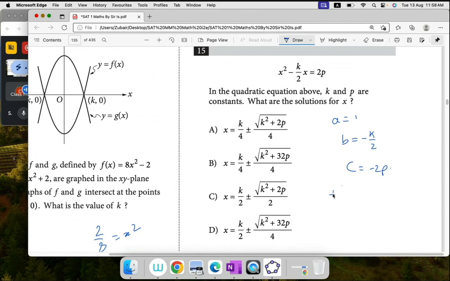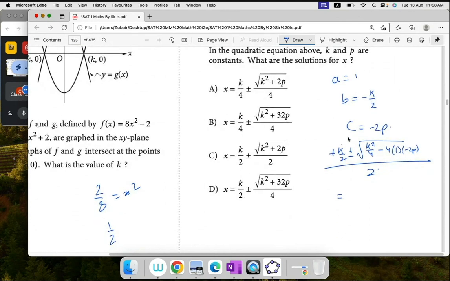Minus b plus minus square root of b square minus 4ac over 2a. So one thing, when I simplify, I'll get k by 4. So these two options are not there.